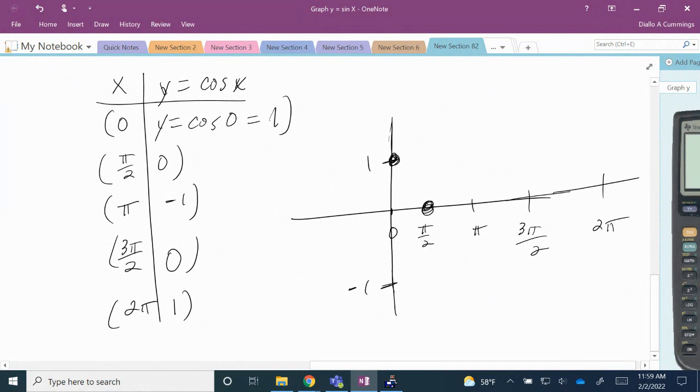Pi over 2, comma, 0, which is here. Pi, comma, negative 1, which is here. 3 pi over 2 is 0. And we have 2 pi as 1. All right, so that's the graph of cosine x.